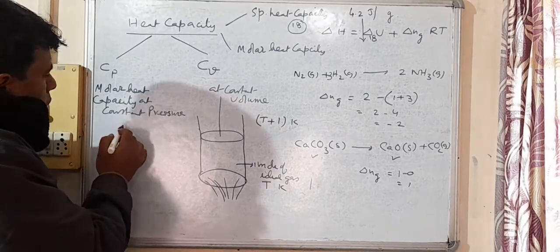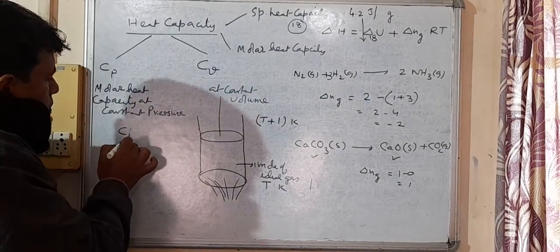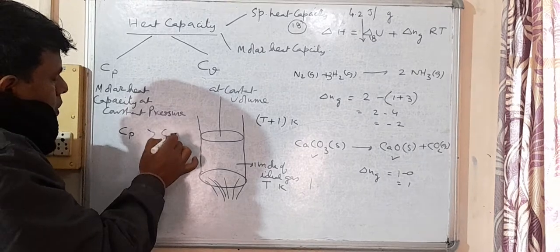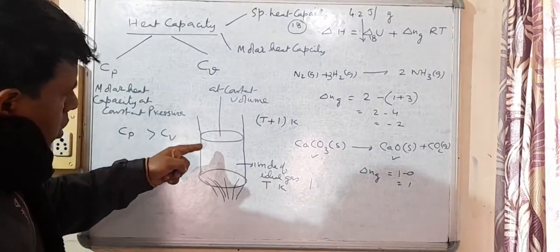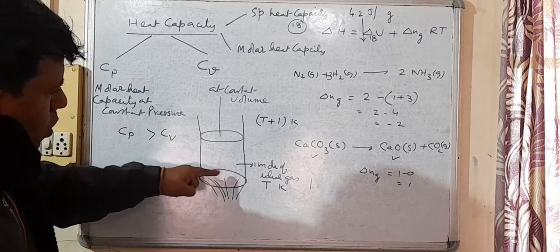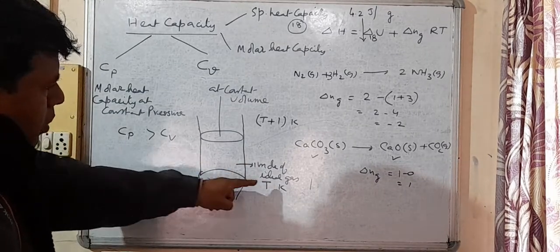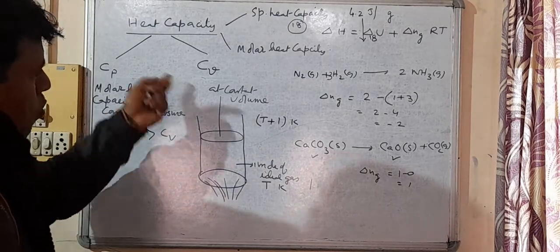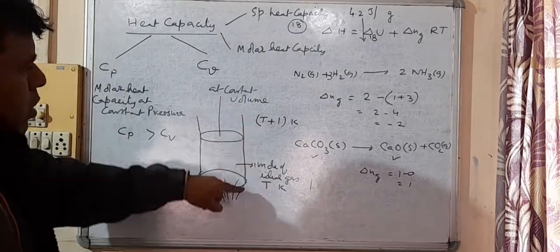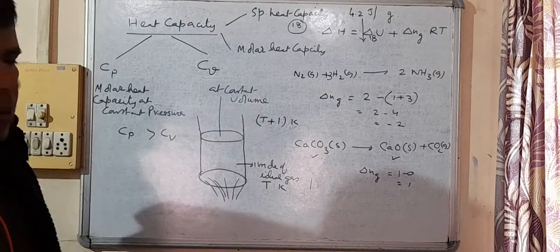And it can be proved that Cp will be greater than Cv. That means the heat required to increase the temperature of 1 mole of ideal gas from T to T plus 1 Kelvin at constant pressure will be more than the heat required at constant volume.